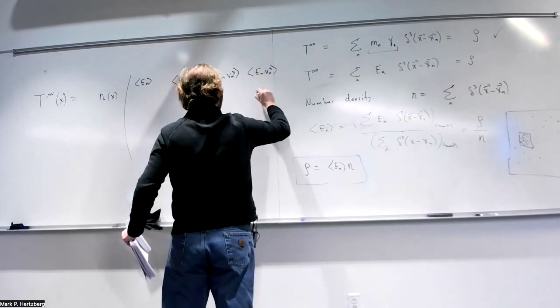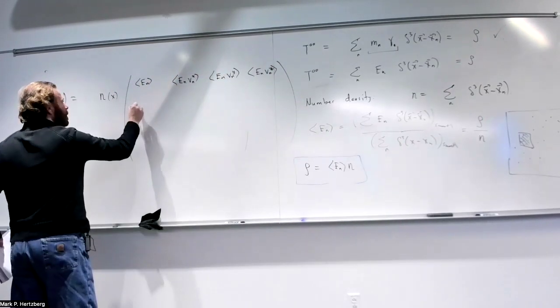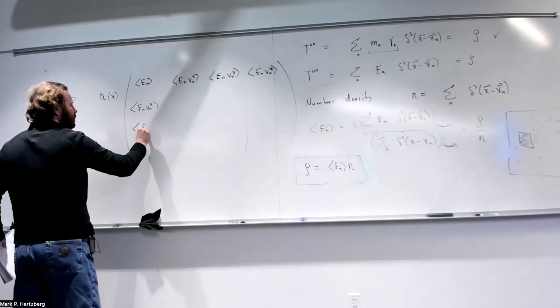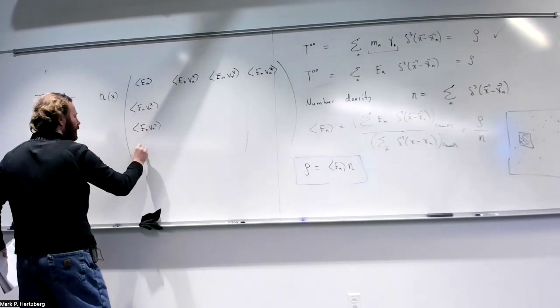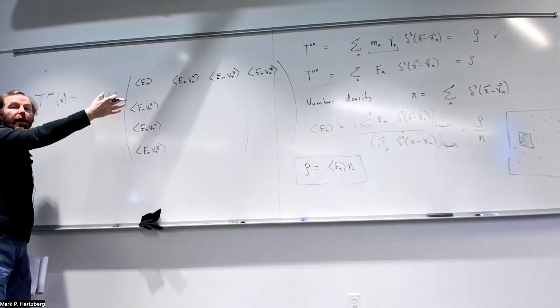That should be a z. It gets a bit boring writing this after a while. Okay, those are the momentum densities weighted by a V.